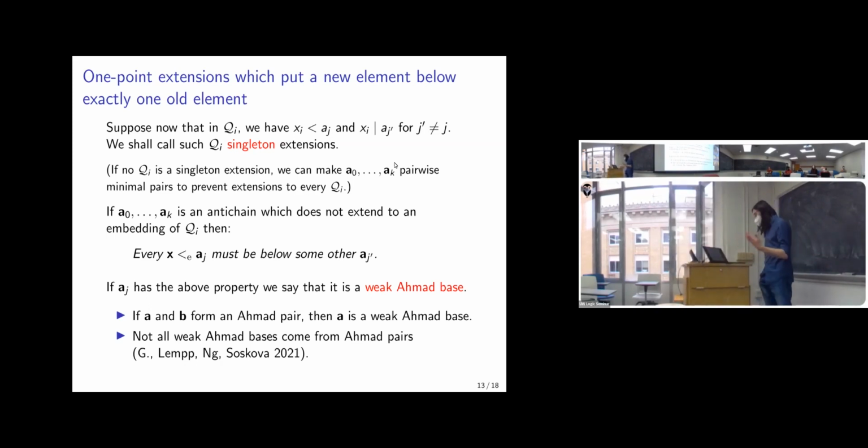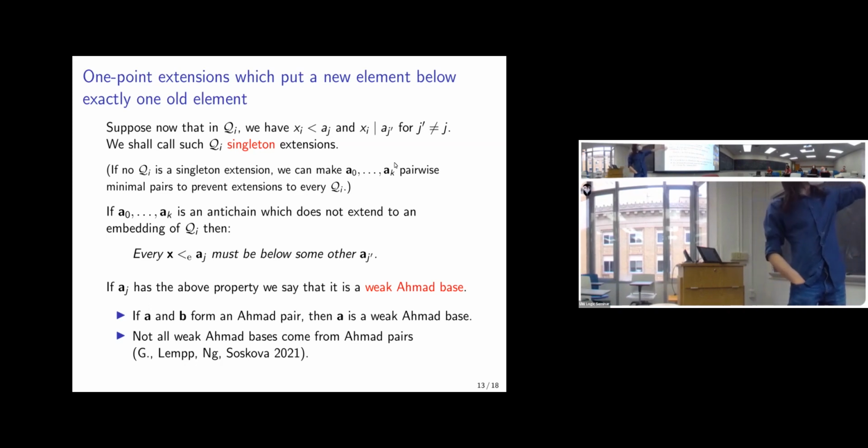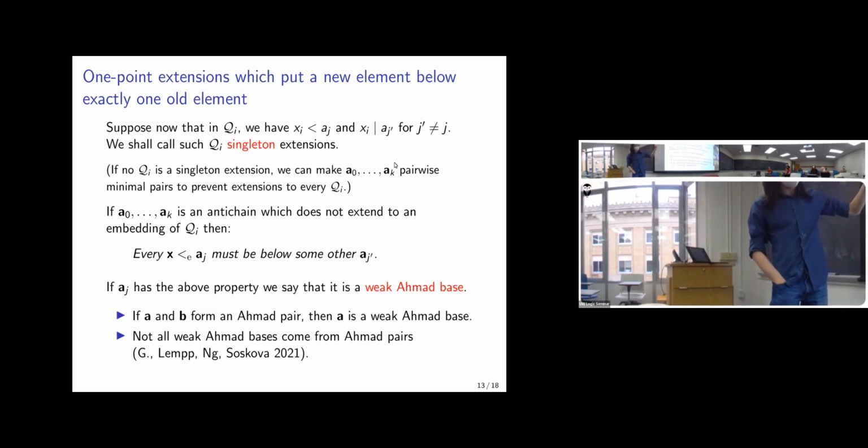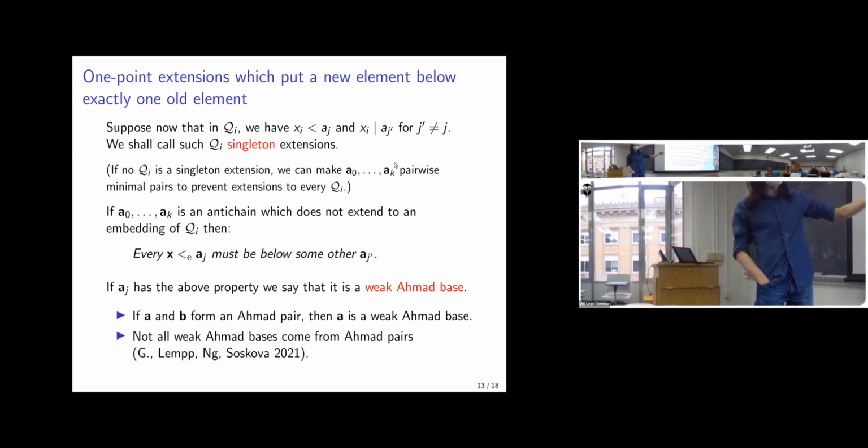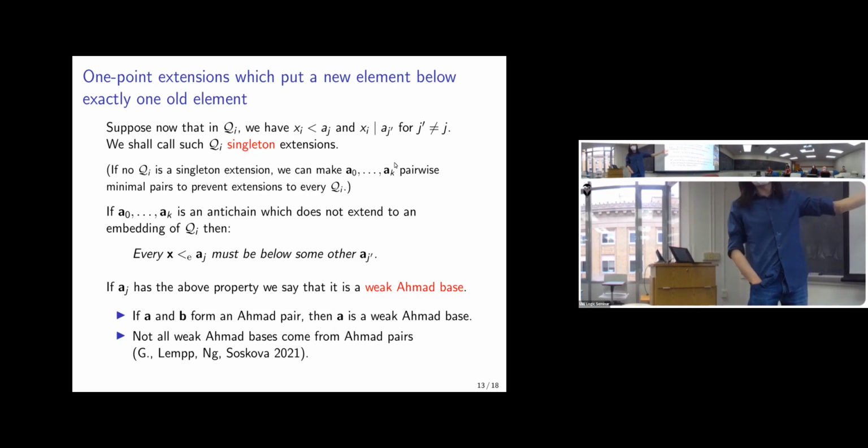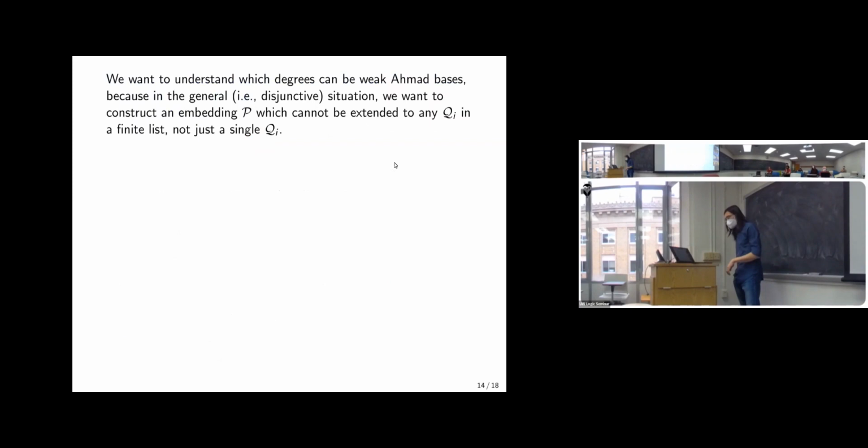Okay, so weak Ahmad bases. Now we want to understand them more, because of this property here on the slide. If you have some singleton extension and you fail to extend to that, then you have some kind of weak Ahmad base floating around. So the question now is, what kinds of degrees can be weak Ahmad bases?